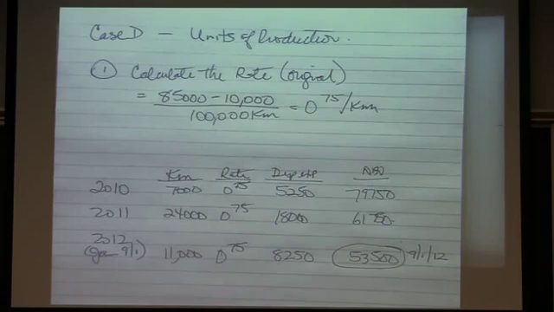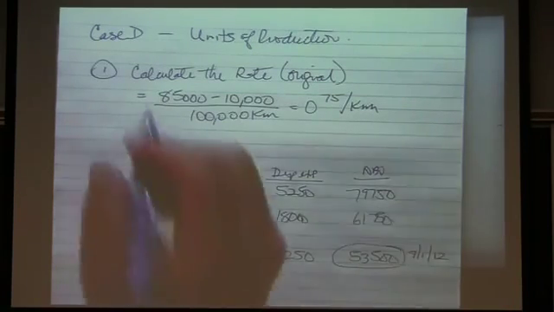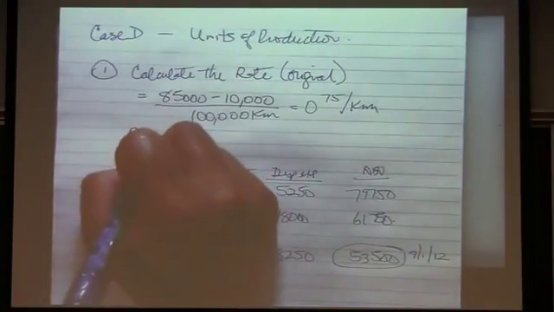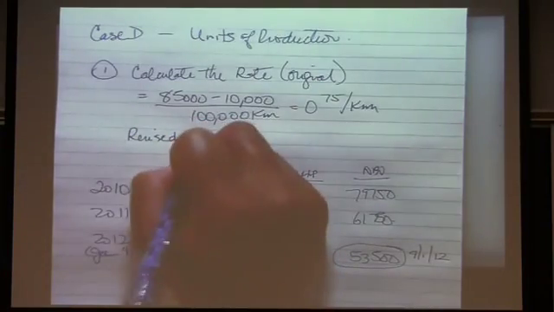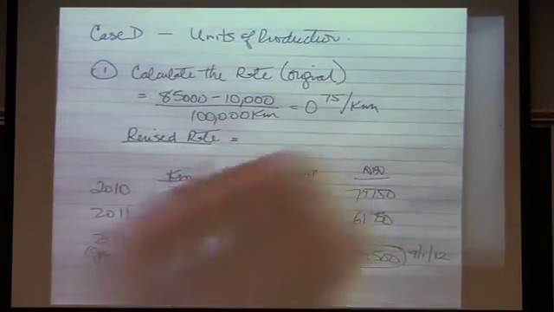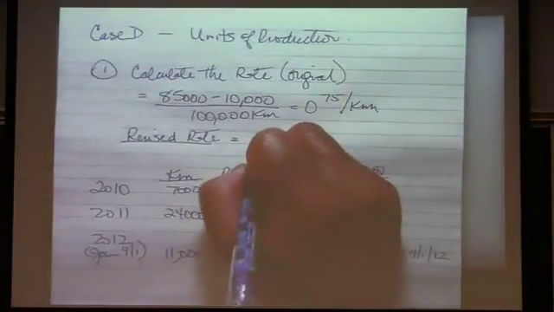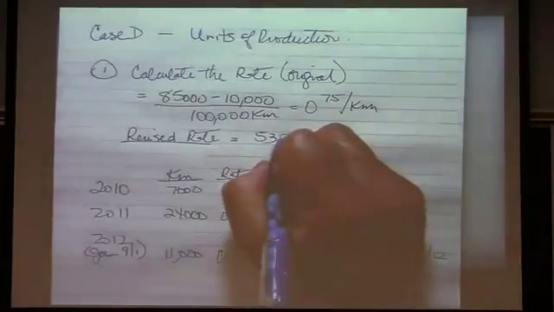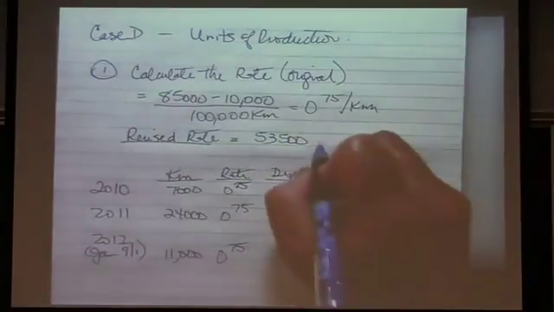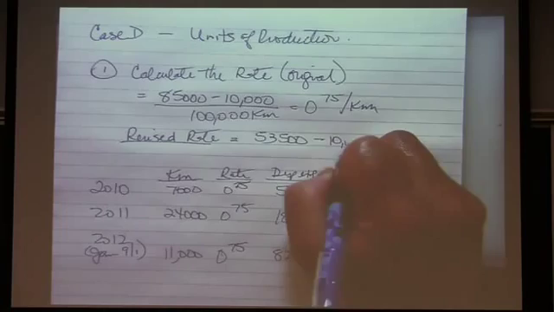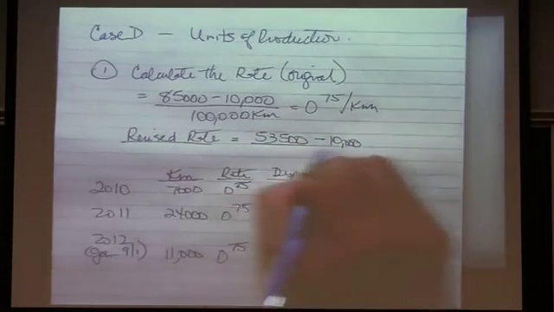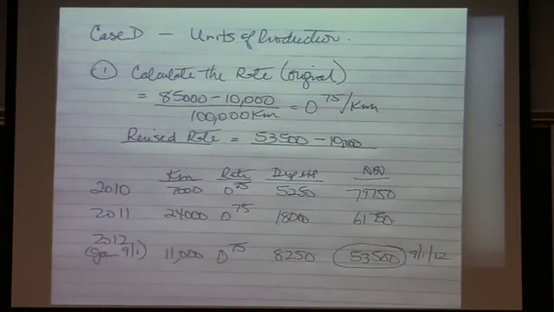Now we're going to use that to calculate the revised rate. And the revised rate is calculated exactly the same way. We're going to take the 53,500, which is the net book value prior to the change, subtract the 10,000, because that has not changed. Now, we're going to divide it by the remaining kilometers.